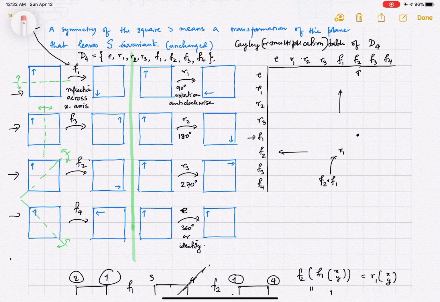What goes here is F1, F2, which means what happens when you apply F2 and then F1. We apply from the right. F2 and then F1. If you do that computation, you'll see that this amounts to anti-clockwise 270-degree rotation, or clockwise 90-degree rotation, which is the thing that we call R3.